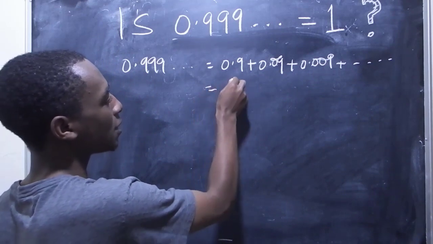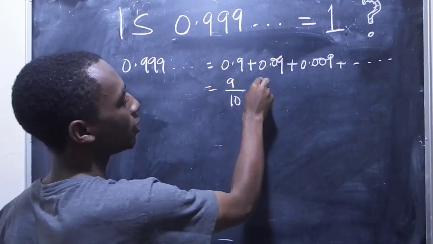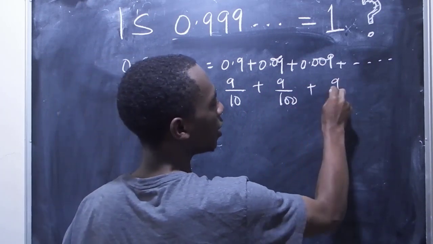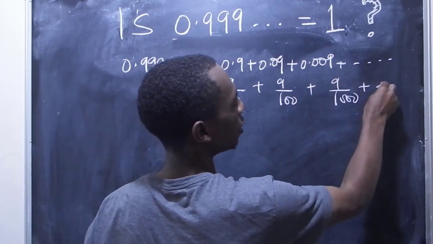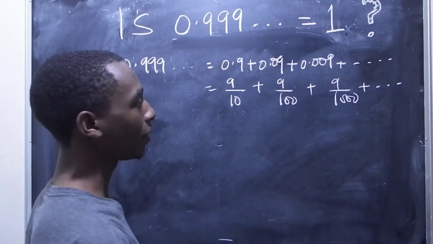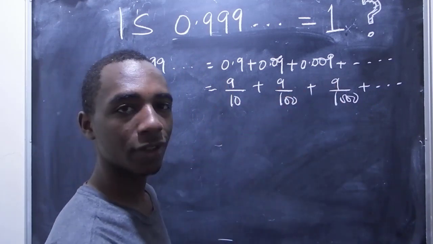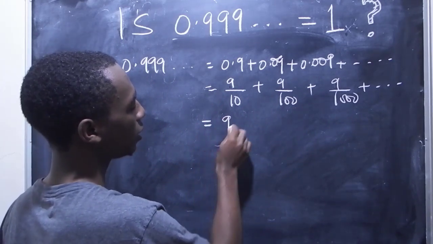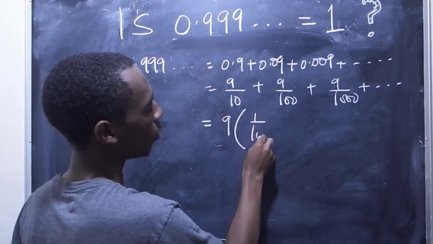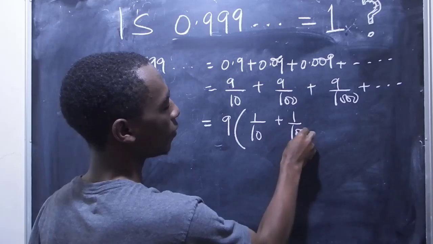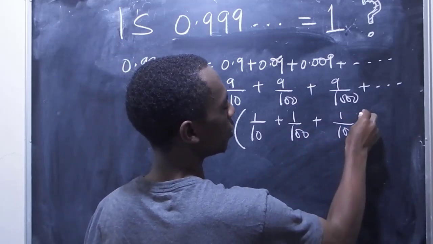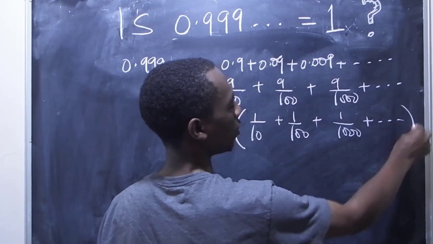And of course, this is the same as 9 over 10 plus 9 over 100 plus 9 over 1000 and so on. As you can see, I can factorize out 9 from each of these. So I have 9 into 1 over 10 plus 1 over 100 plus 1 over 1000 and so on.